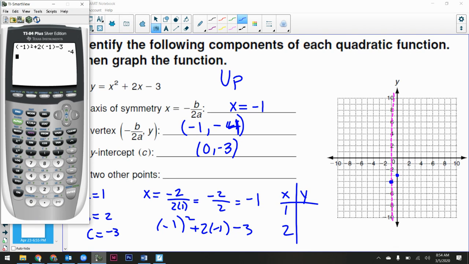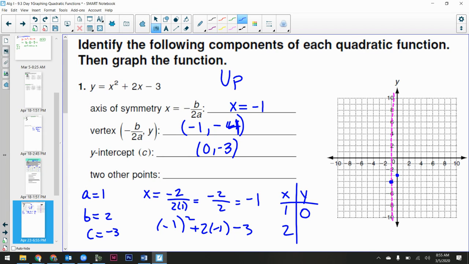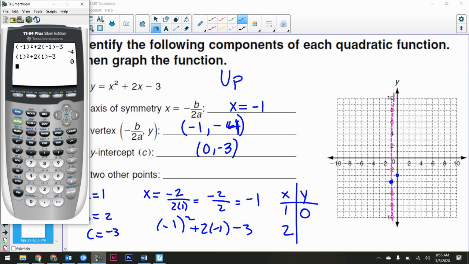So we've got 1 squared plus 2 times 1 minus 3 to get 0. And we plug in 2. 2 squared plus 2 times 2 minus 3, we get 5.